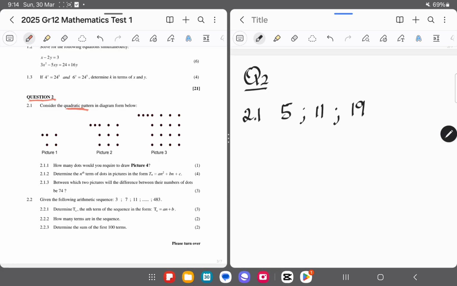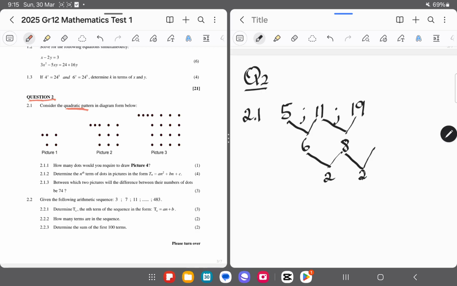Now because we know it's a quadratic, it has a constant second difference. We know that the first difference is going to be 11 minus 5, it's 6. And then 19 minus 11, it's 8. And then 8 minus 6, it's 2. We know it has a constant second difference, so this should be 2.